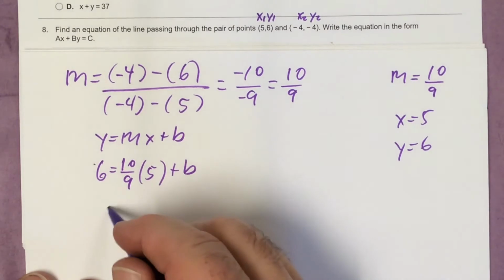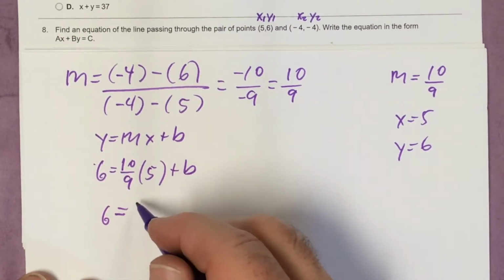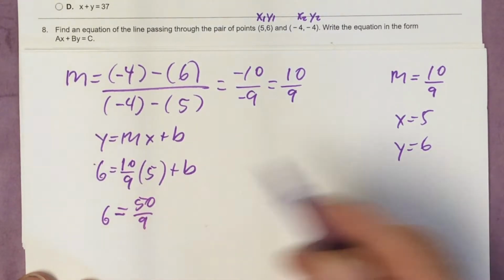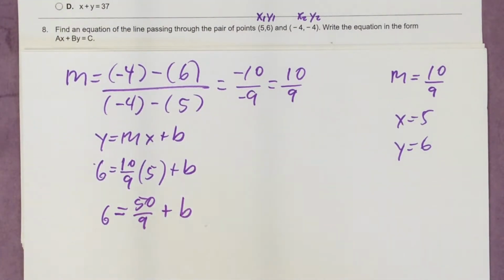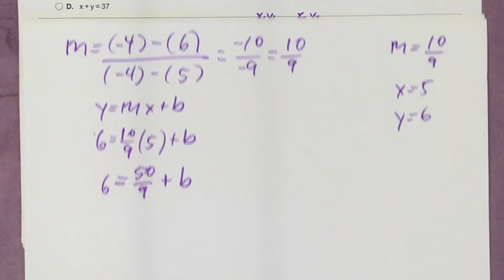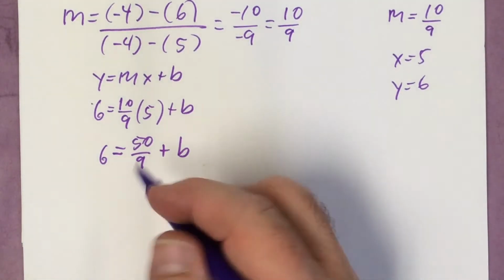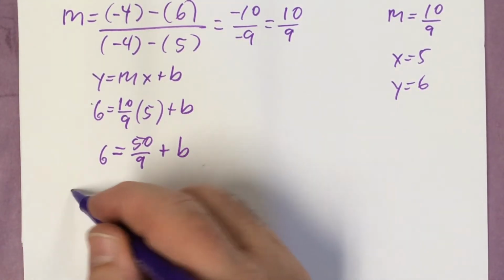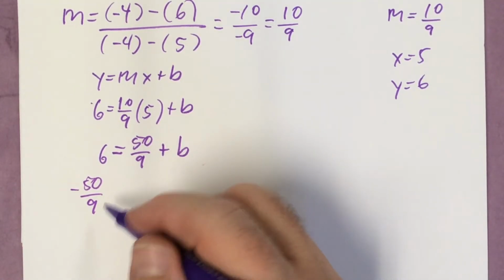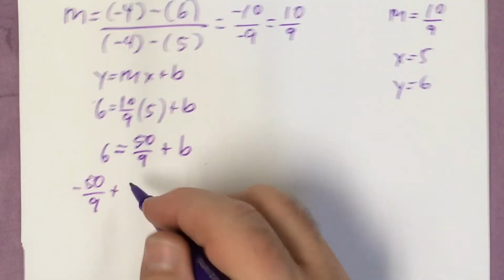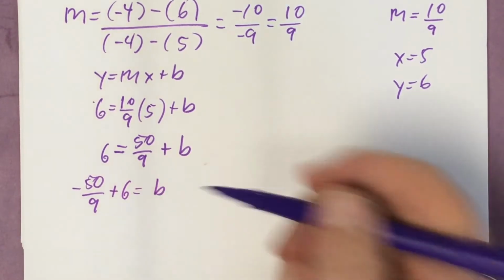So when I do this all together, this is going to give me 6 is equal to 50 over 9 plus b. Now let me see, you can still see that there, but I moved this up a little bit over the problem. So if I subtract this, I'm going to get negative 50 over 9 plus 6 is equal to b.